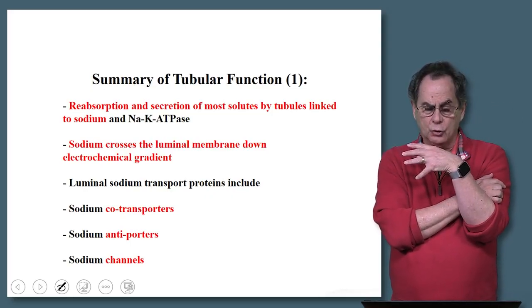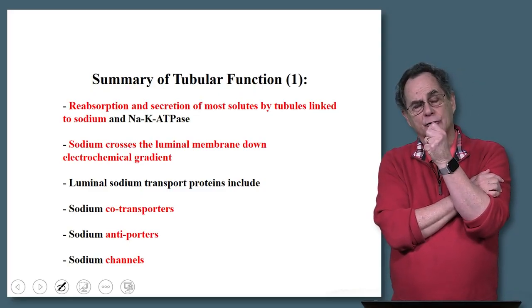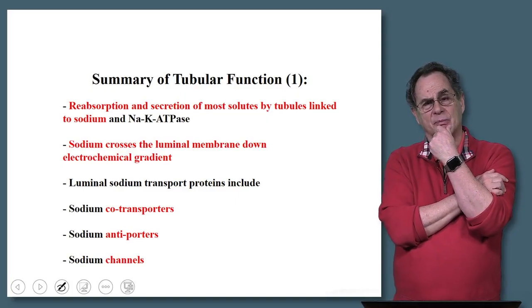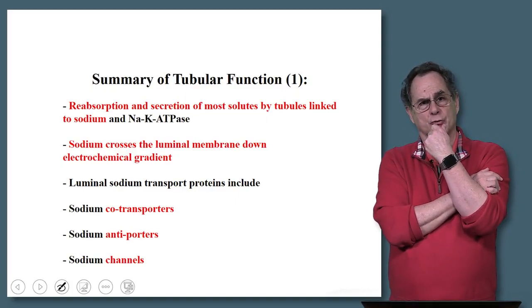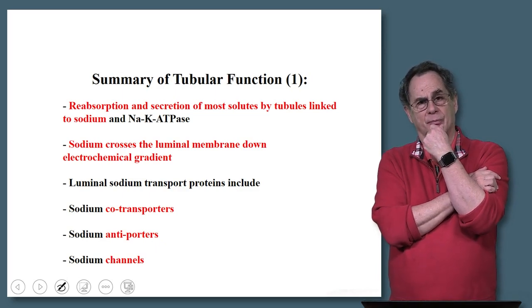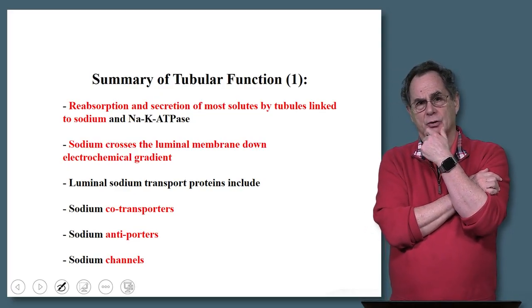Sodium crosses the luminal membrane down an electrochemical gradient. That gradient created by sodium-potassium ATPase provides the energy for the reclamation of other small solutes from the lumen in the proximal tubule particularly, but also for the reabsorption of sodium in other segments.